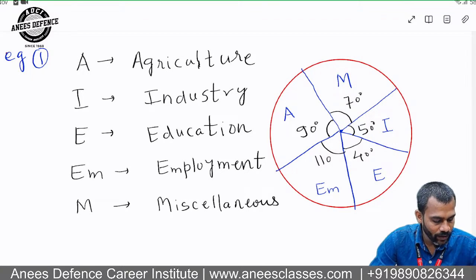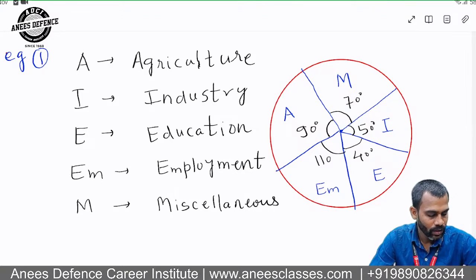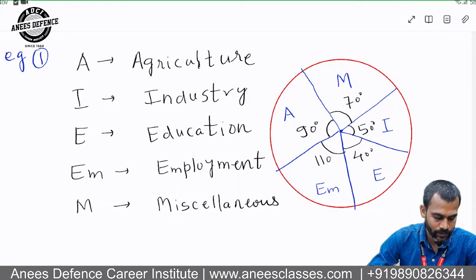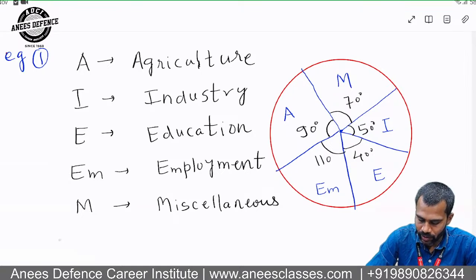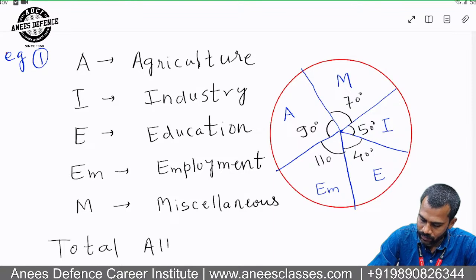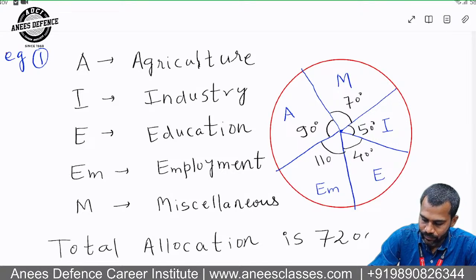The following pie chart gives the distribution of funds in a 5-year plan under the major heads of development expenditures, and the total allocation is 72,000 crores. Total allocation is 72,000 crore.